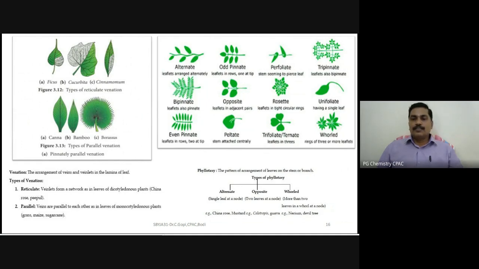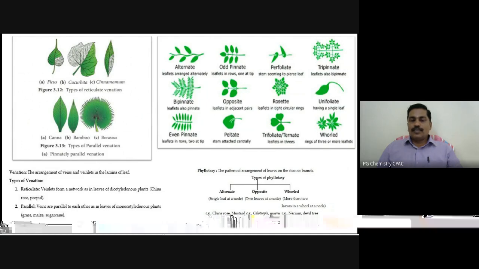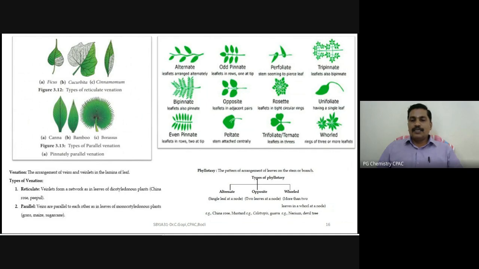Okay, and let's see the different types of compound leaf or arrangement. The arrangement of leaves is called phyllotaxy. The leaves are arranged on the stem in different manners, so that arrangement is called phyllotaxy. If the leaves are arranged alternately, that is alternate arrangement.